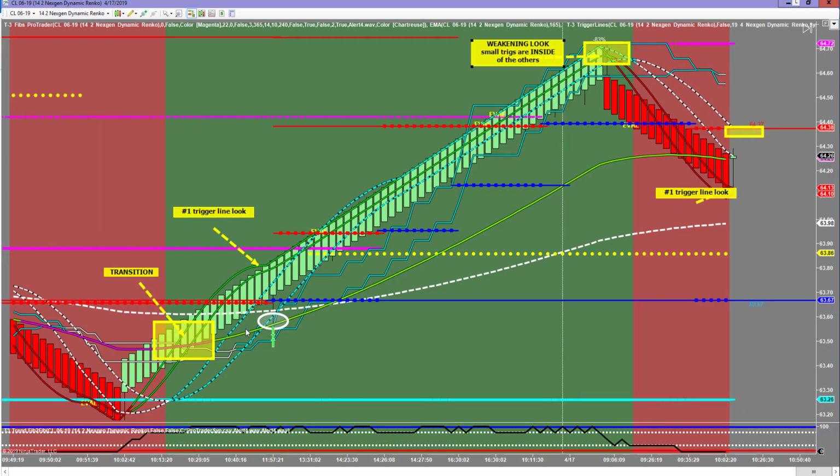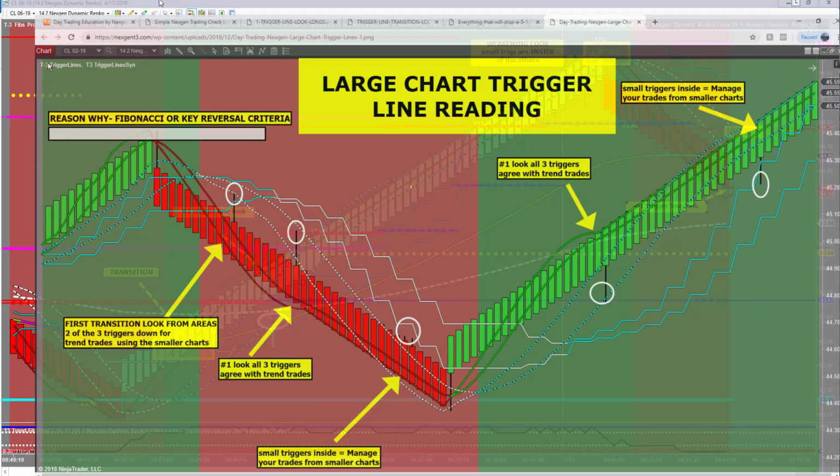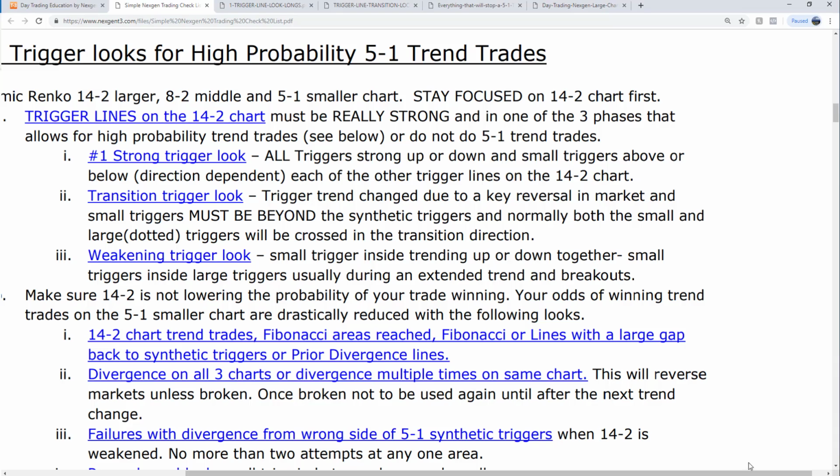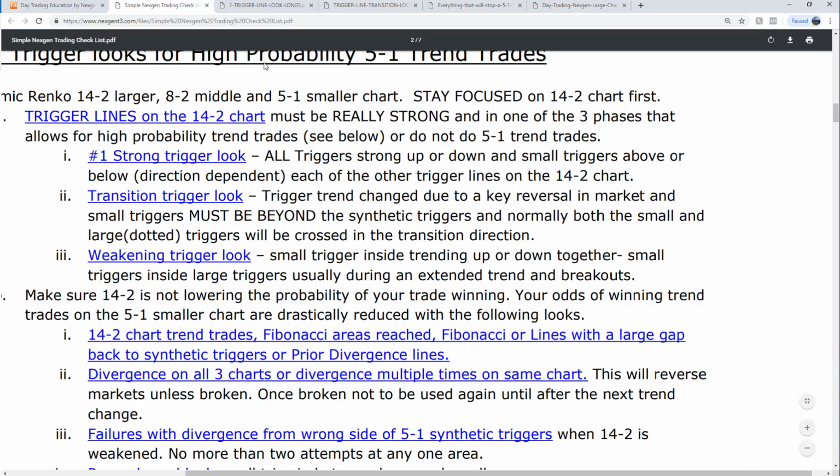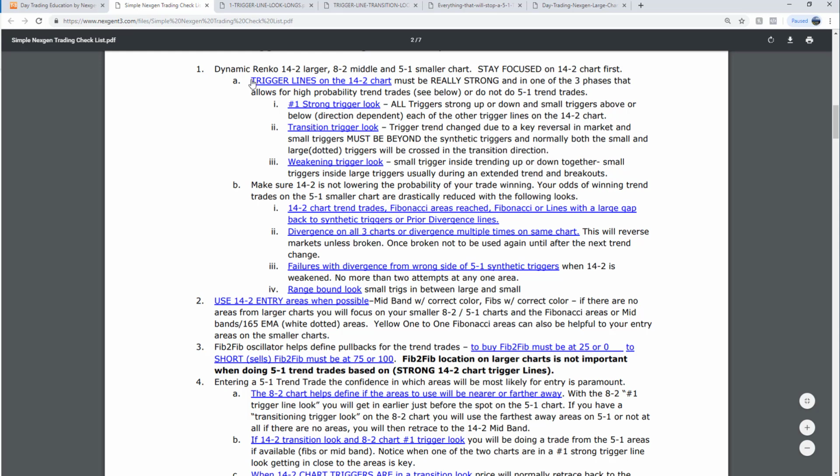And again, if we get a strong trigger line look and it keeps going up, we want to keep finding long trades if possible on the smaller chart. So there's three phases. You have to have the right trigger line look. And then second, in the plan, everybody with me? The right look for the triggers.